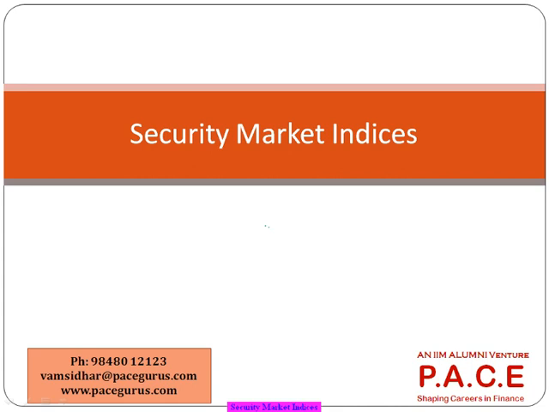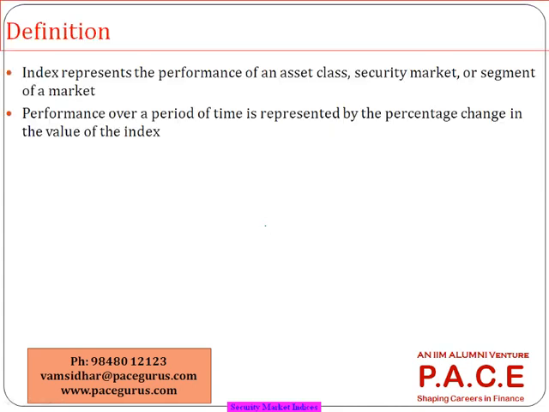Yeah, just moving forward. Index, even when we look at Sensex or for that matter Nifty or anything, talks about the performance of the complete asset class or a market itself. Whenever we have to say the markets are down or the market is up, we always use Sensex as a proxy for that, or we always use Nifty as a proxy, saying the markets are down.